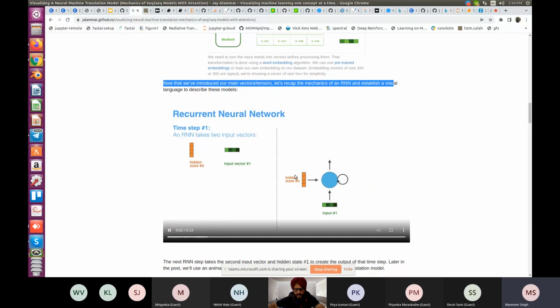So you can see that the hidden state at 0 is passed into this RNN along with the input at 1, and it gives you the output at 1. So this is like you are inputting French and outputting English, or you are inputting a particular time series and outputting another time series.